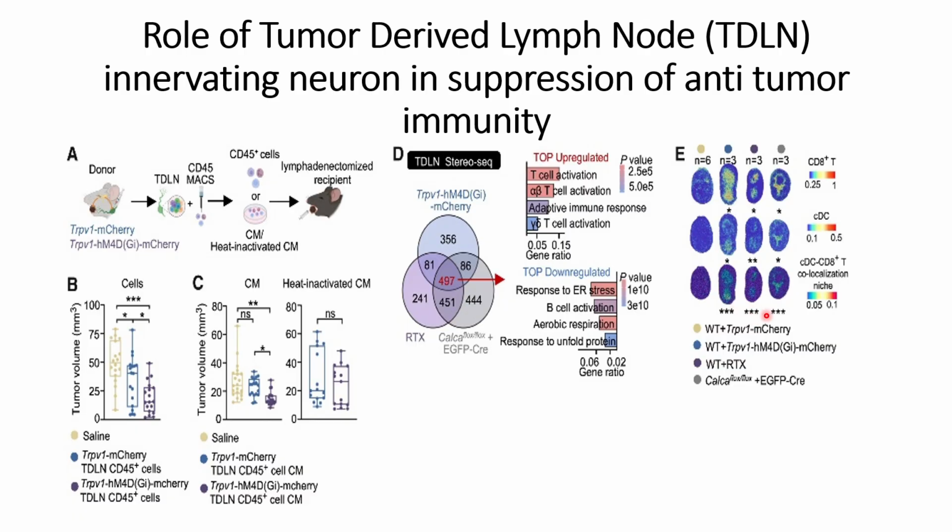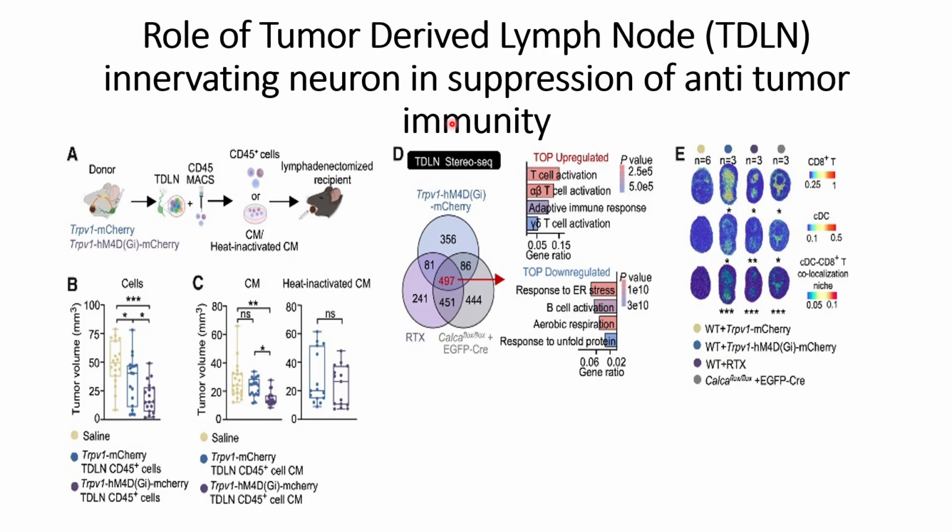All together, this indicates a role of the innervating neuron in the tumor-derived lymph node in the suppression of anti-tumor immunity.